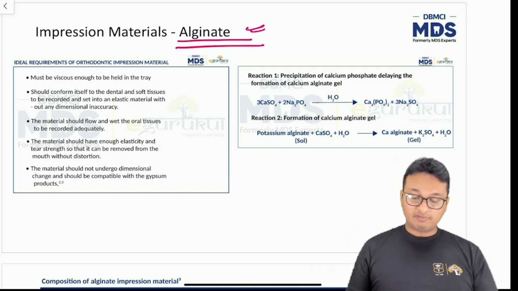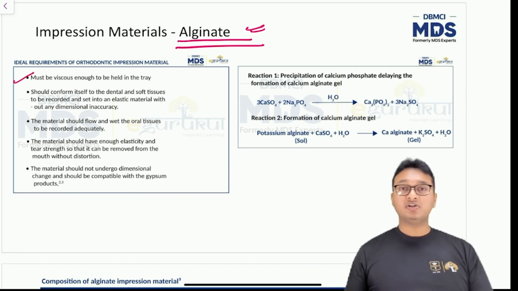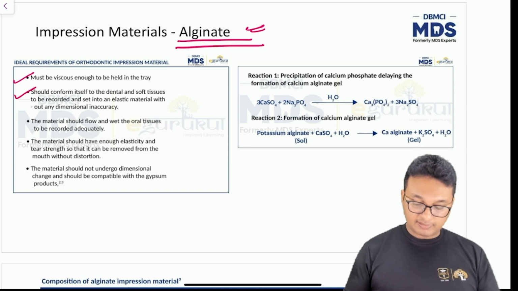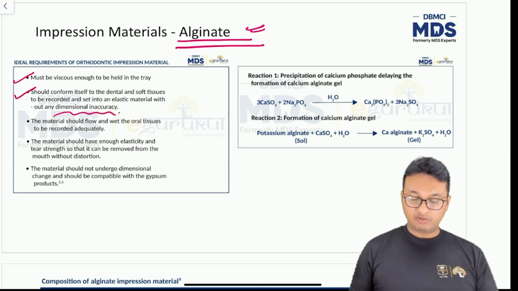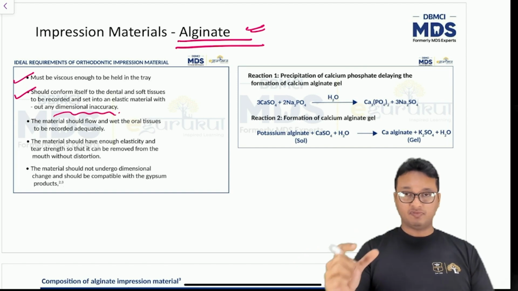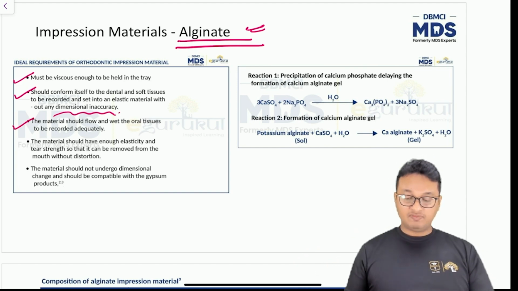So what are the ideal requirements of orthodontic impression materials? It should be viscous enough to be held in the tray. It should not be too flowy. It should conform itself to the dental and soft tissues, and it should have dimensional accuracy when it is stored for sufficient time duration. The material should flow and wet the oral tissues to be recorded adequately.